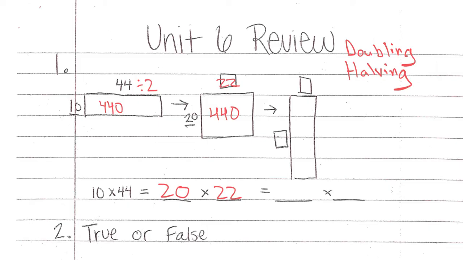Now, what did they do to the number over here? Well, if we're looking at this top number, 44, I cut it in half, 22, and we see that this rectangle gets a little bit shorter, right? So this side that's 44 here, when I cut it in half, is now shorter, and it looks like it's even shorter here. Did they double it, or did they cut it in half?